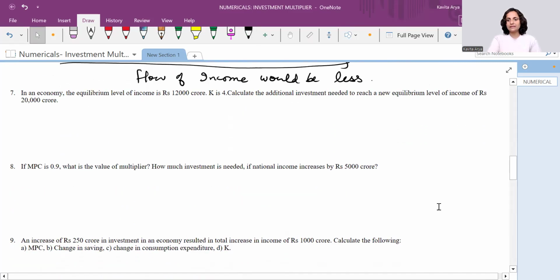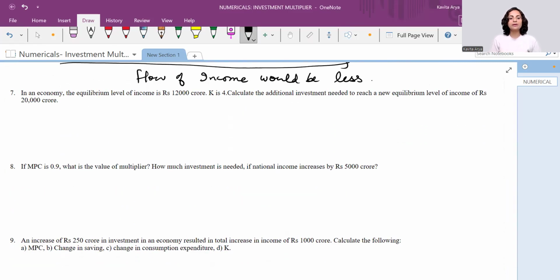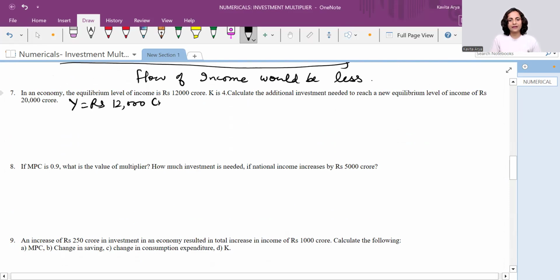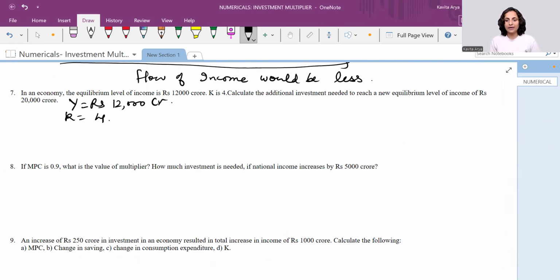Question number 7 says, in an economy, the equilibrium level of income is 12,000 crore. So equilibrium income Y is said to be rupees 12,000 crore. K is given to be 4. Calculate the additional investment required to reach a new equilibrium income of rupees 20,000 crore. So what is the new case?